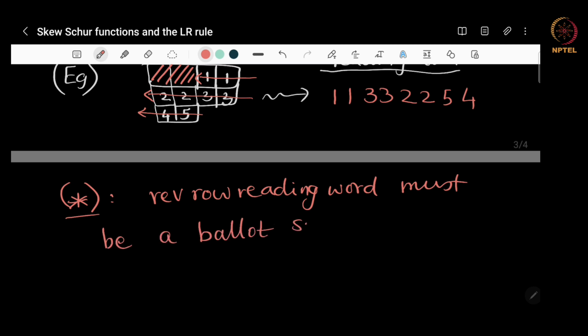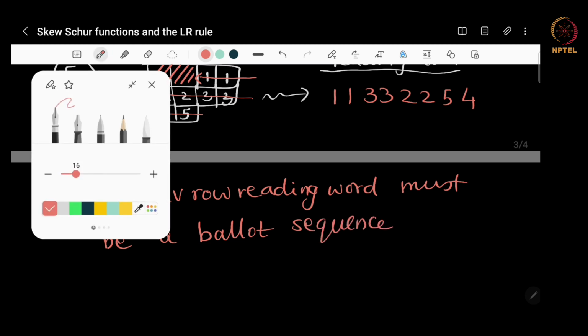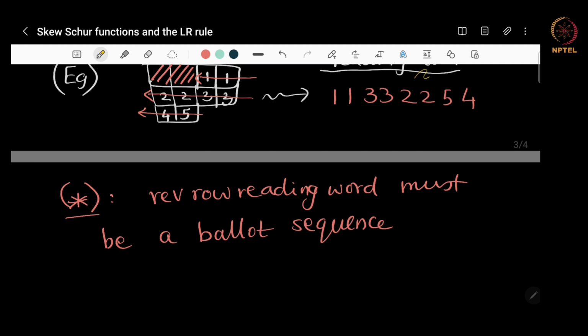What that means is when you truncate this word anywhere and just look at the initial portion of the word, then there should be more 1s than 2s, more 2s than 3s, more 3s than 4s, and so on. So for all i, there should be more i's than i plus 1s.